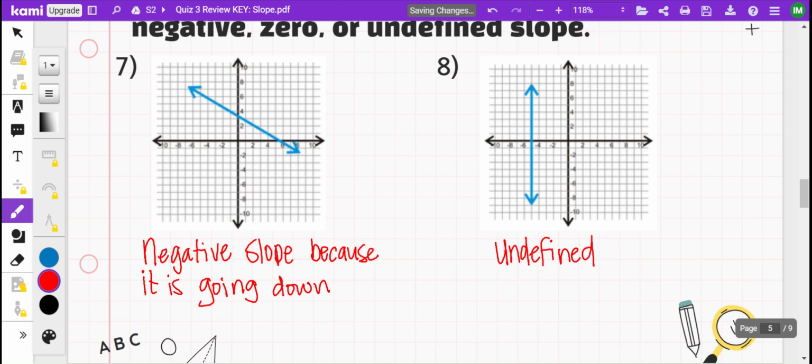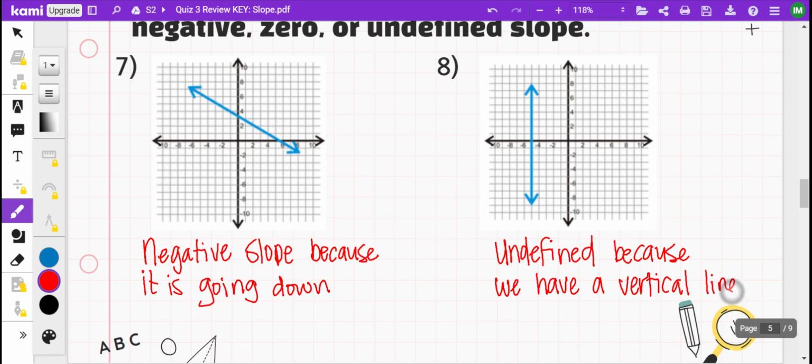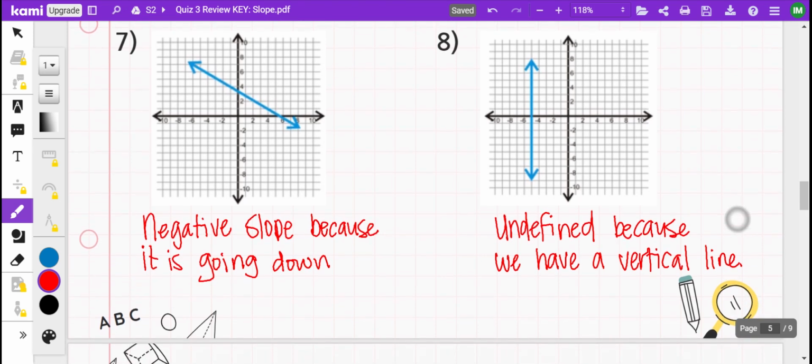And so the slope is undefined because we have a vertical line. So make sure you know how to tell whether a line is positive, negative, undefined, or 0 slope.